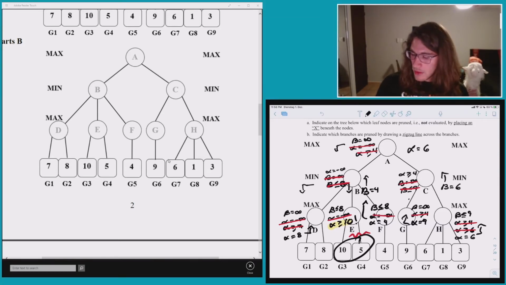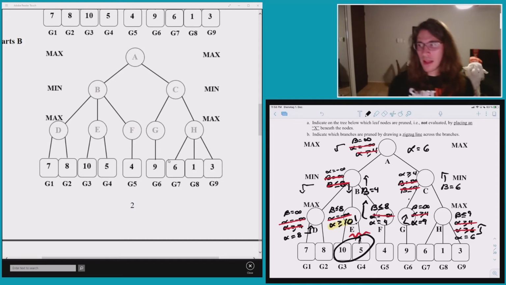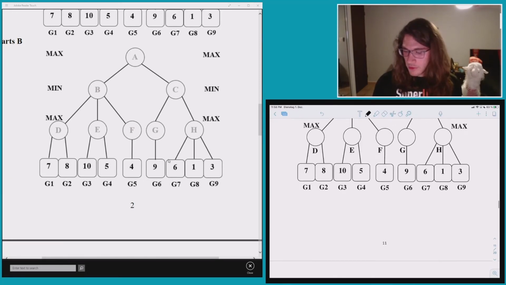So we would have proceeded to evaluate 10, and once 10 was evaluated, yes, the prune condition would have been triggered. So technically it would have been a prune, but 10 or G3 is the last leaf node of E. So technically it would have been a meaningless prune. So it can be argued that that was one where no prunes happened. So that's the first answer that I'm going to give.